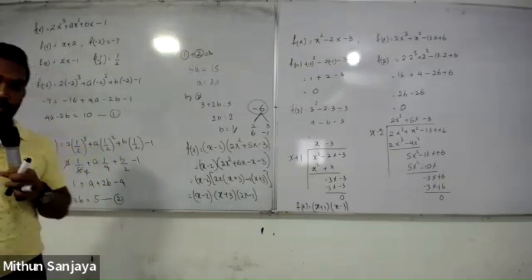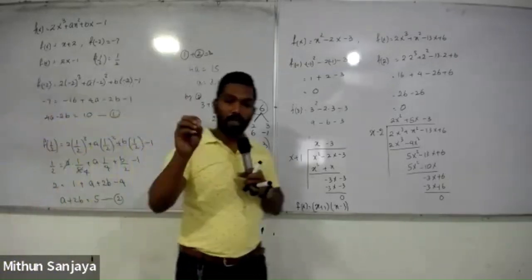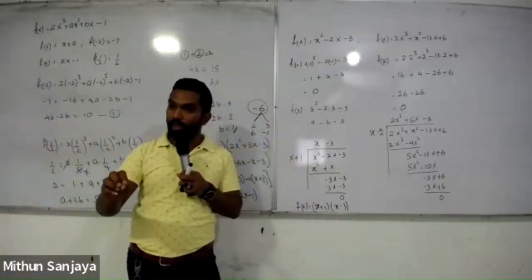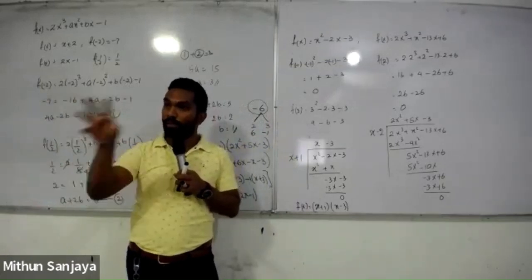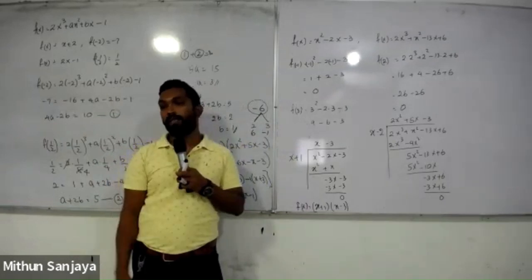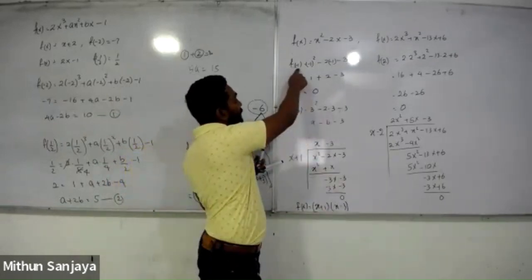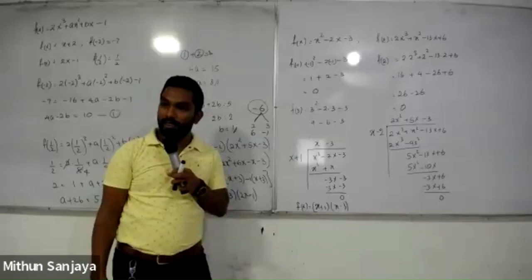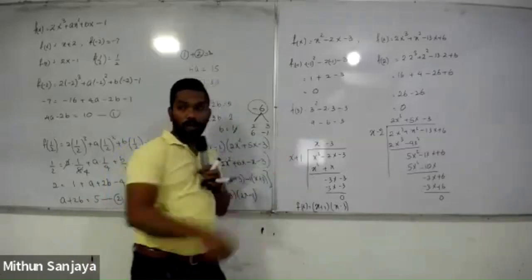If we have a function and we substitute some value into it and the function value is zero, then we can say what the factor is. If f(-1) is 0, then the factor is x plus 1.